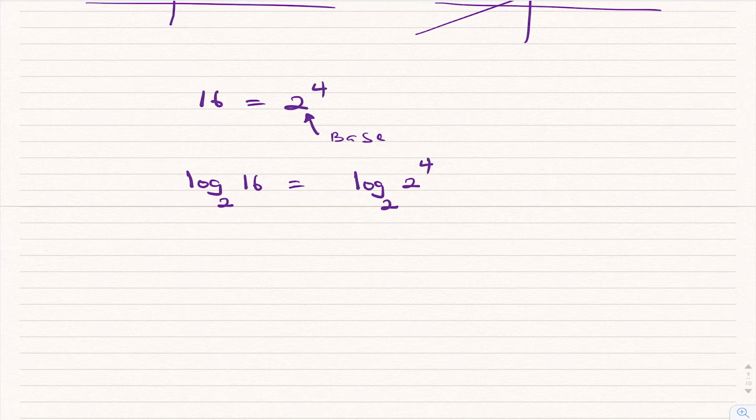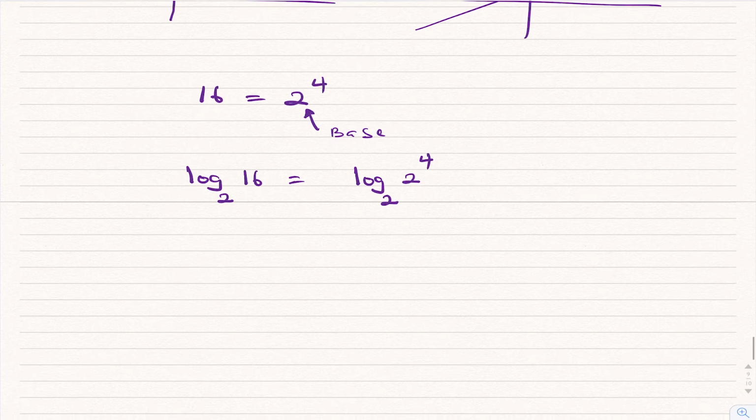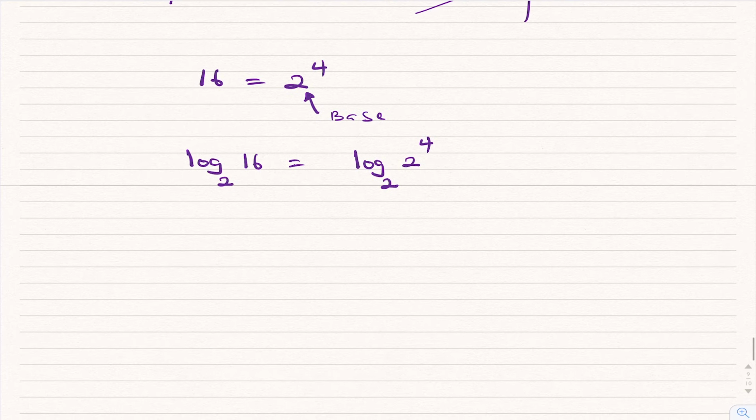One of the rules that we will come to learn in logarithm is that the log of a, level a, always equals 1. So log base 2, level 2 will always be equal to 1.